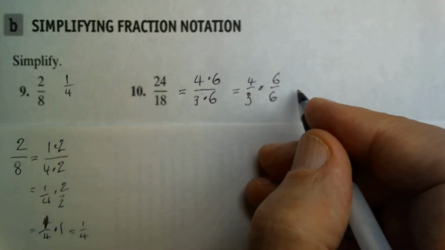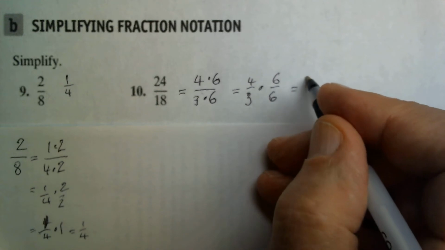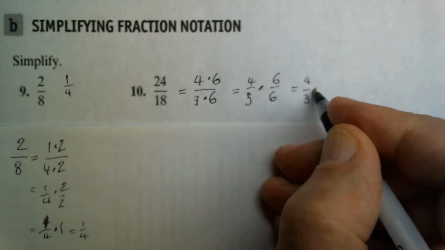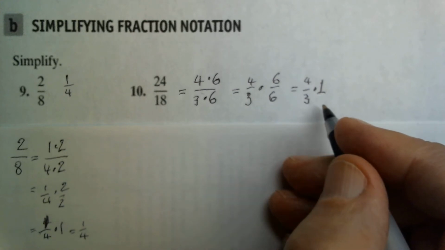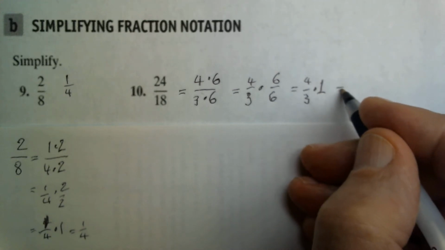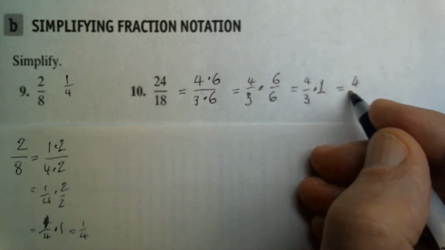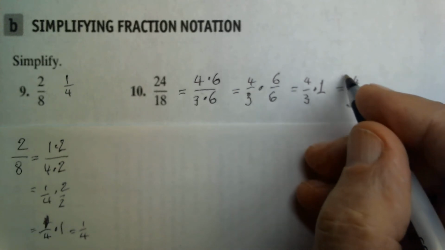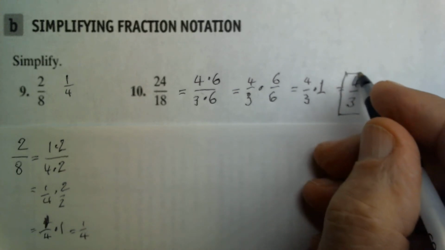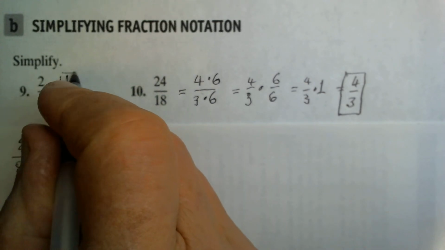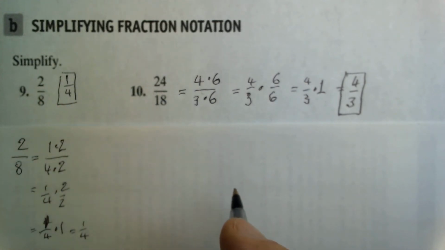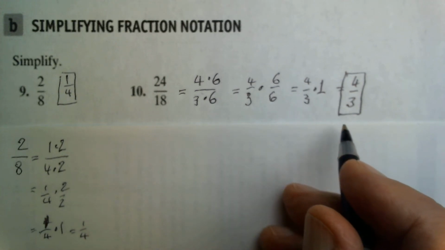But we know that 6 divided by 6 is 1, so 4/3 times 1. And any number multiplied by 1 is equal to the number. So here the answer is 4/3. Here the answer was 1/4. So for number 10, the answer is 4/3.